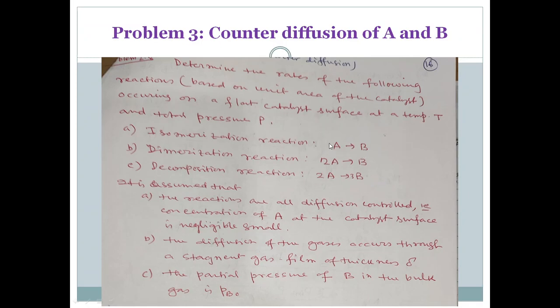So the first is the case for equimolar counter diffusion, and this will happen because A will enter the catalyst surface and go into the pore, and at the active site, one B will be formed, then it will come out. So this is the counter diffusion. The first case is equimolar counter diffusion, and the second two, B and C, are non-equimolar counter diffusion. Here it is assumed that the reactions are all diffusion controlled.